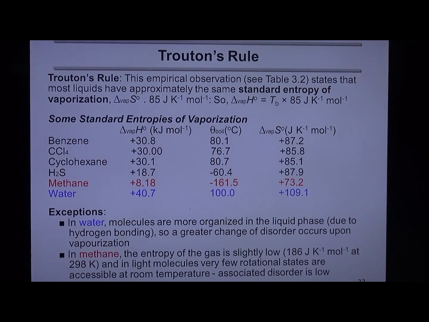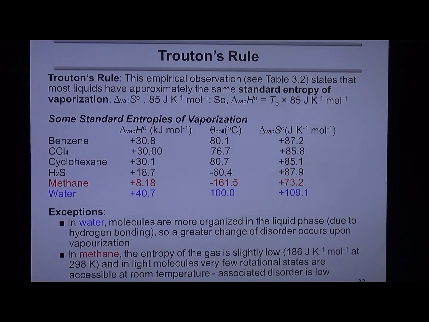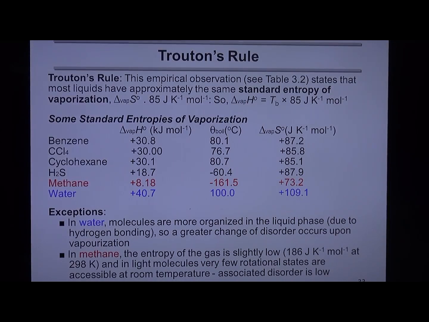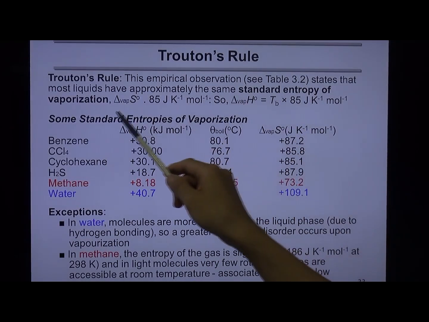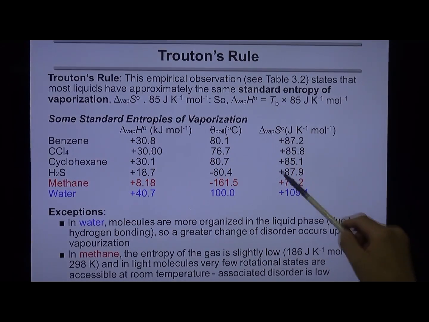For phase transition, there's an interesting empirical rule called Trouton's rule. Trouton's rule basically states that when you compare the entropy change for vaporization for various materials, they have very similar numbers. When you compare the standard entropy of vaporization for different materials, it has a very similar number, right? It's interesting, right?